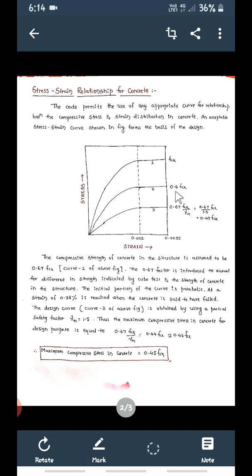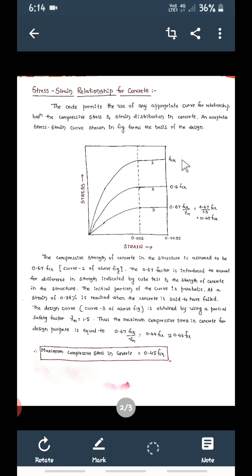Why this 0.6? Whatever the 20 you have got, this 20 Newton per mm square, is obtained in the laboratory test. When you consider the concrete cubes and test them, it is going to give 20 Newton per mm square.